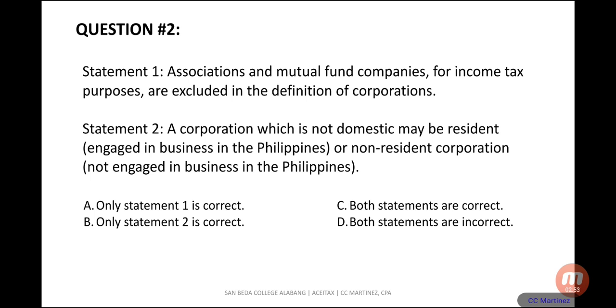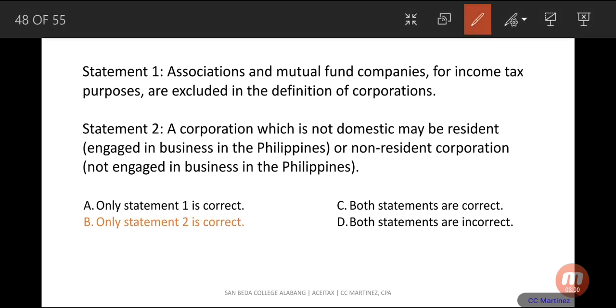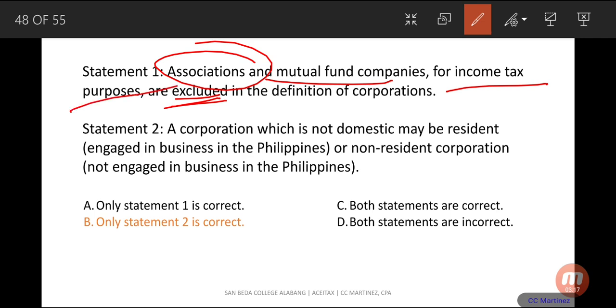So, answer is only statement 2 is correct. So, bakit? So, sa number 1, associations and mutual fund companies considered siya as taxable as corporation. So, nagpamali dyan yung excluded kasi dapat included din siya sa definition of corporation for income tax purposes.